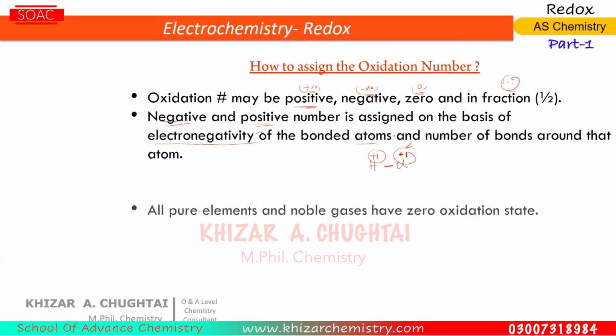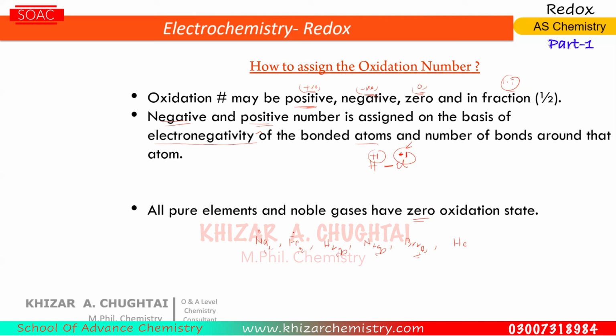The next thing is that all pure elements and noble gases have zero oxidation state. Sodium metal is a solid. Iron metal is a solid. Hydrogen gas, nitrogen N2 are gaseous elements. Br2 is a liquid element. Similarly, helium is a noble gas element.